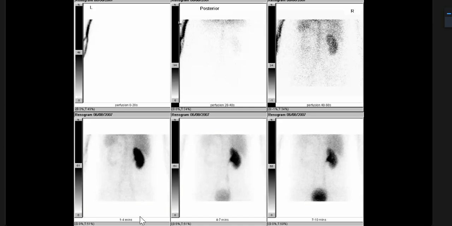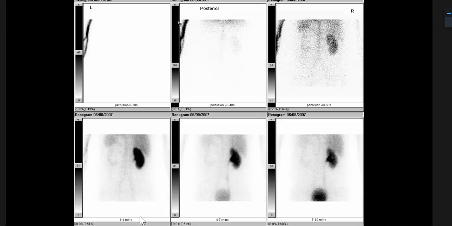What is the difference between DMS and MAG3 renogram? DMS scan shows the anatomy of the kidneys, and MAG3 shows the function of the kidneys. With the renogram, we can see the percentage of function of the kidneys, how much function in the right kidney and how much in the left kidney. We can see the curves.